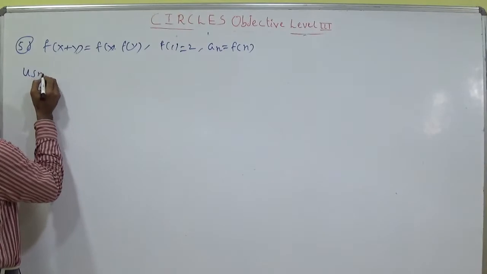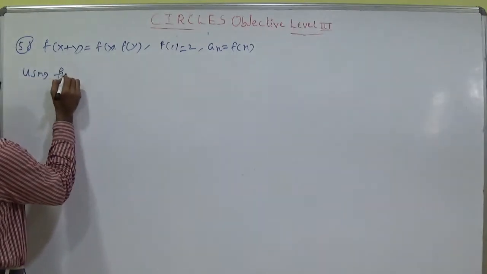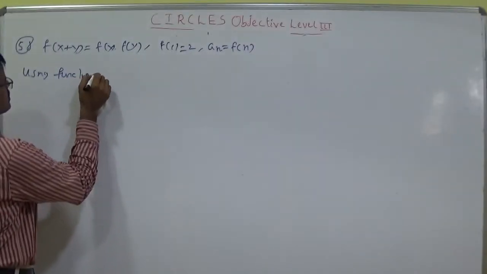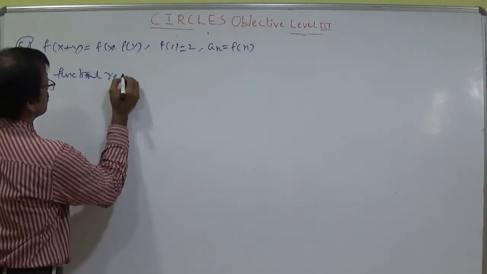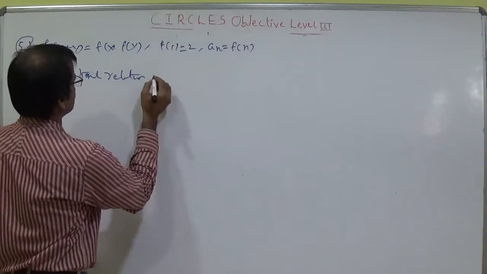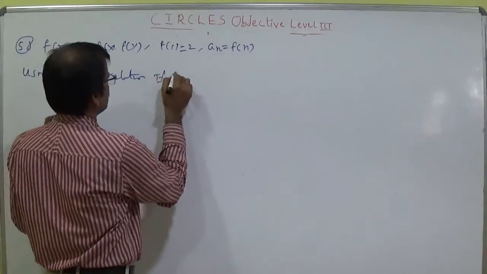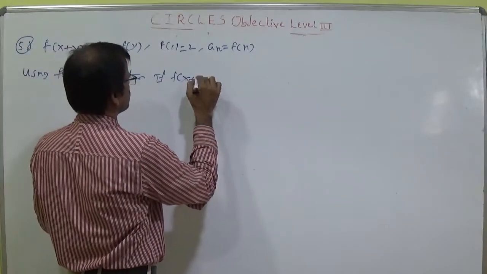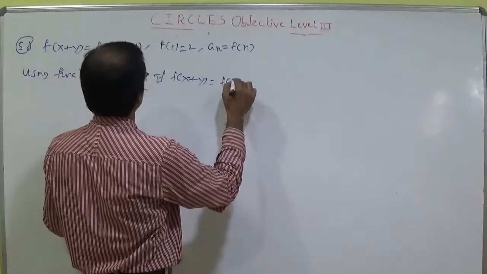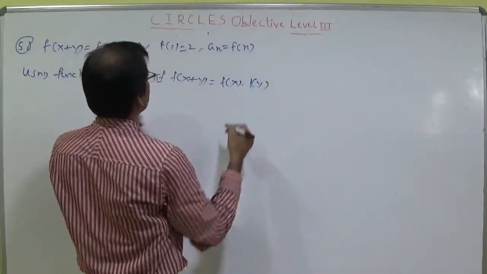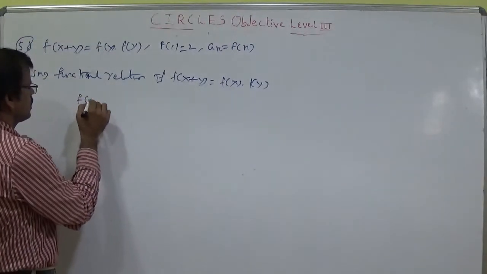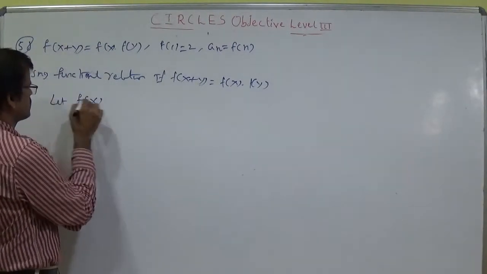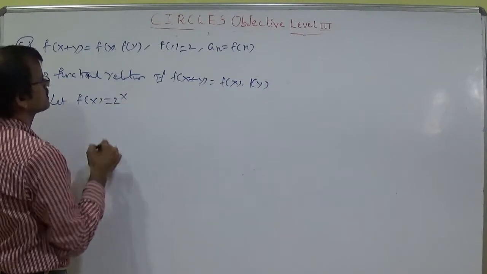Using the functional relation, we discussed it in the functions chapter. If f of x plus y is equal to f of x dot f of y, and of course here it is given f of 1 is equal to 2, let f of x be 2 power x.